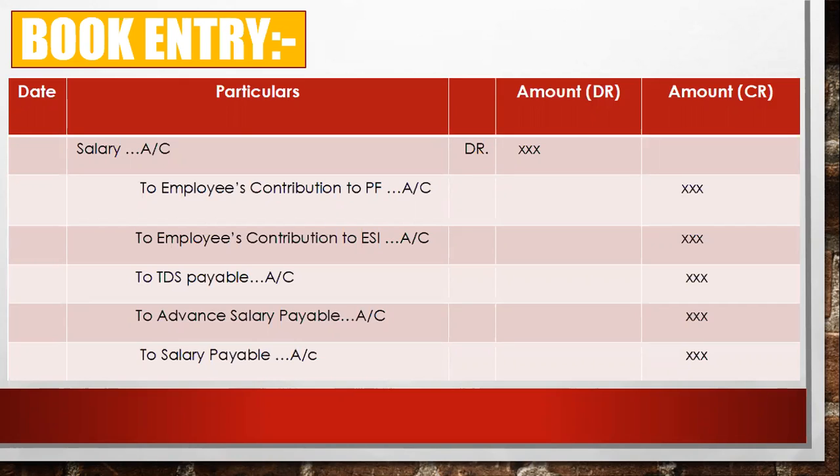So we have to credit employee contribution to PF, employee contribution to ESI, TDS payable, and advance salary. This is the format for the book entry.